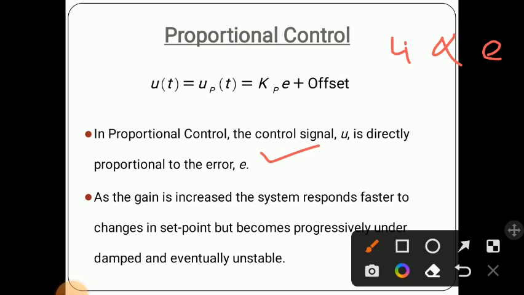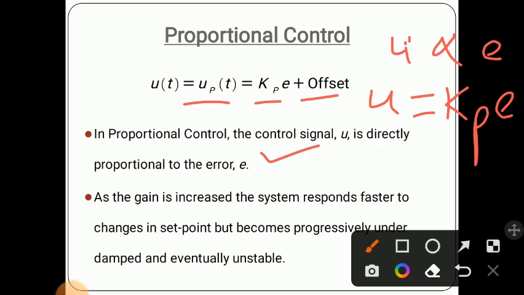If you remove the constant of proportionality, then u is equal to kp into e. Actually everything varies with respect to time, that's why it is written in terms of time: up of t is equal to kp into e plus offset. So this is the proportional control action.